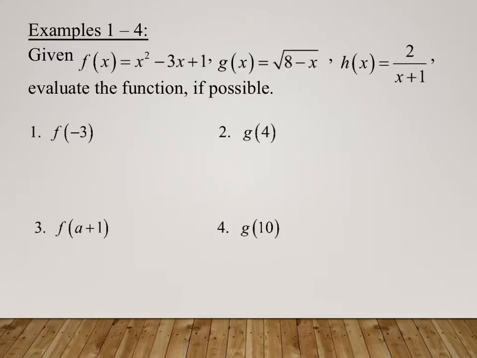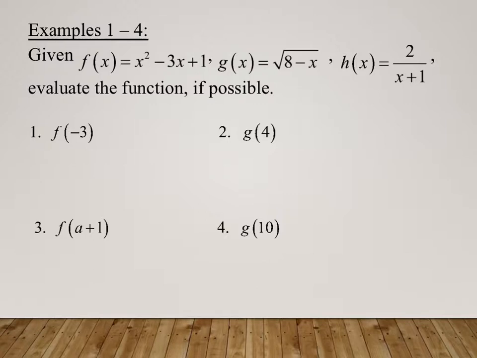So in our first slide, for examples 1 through 4, we're only going to look at f of x and g of x. Given f of x is equal to x squared minus 3x plus 1, and g of x is equal to the square root of 8 minus x, evaluate the functions if possible. For number 1, we're just going to put a minus 3 in for f of x.